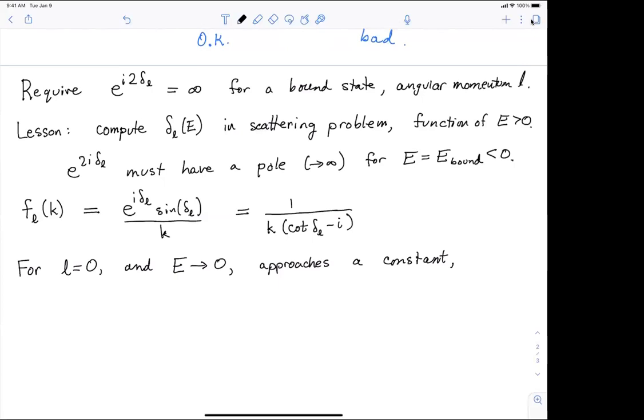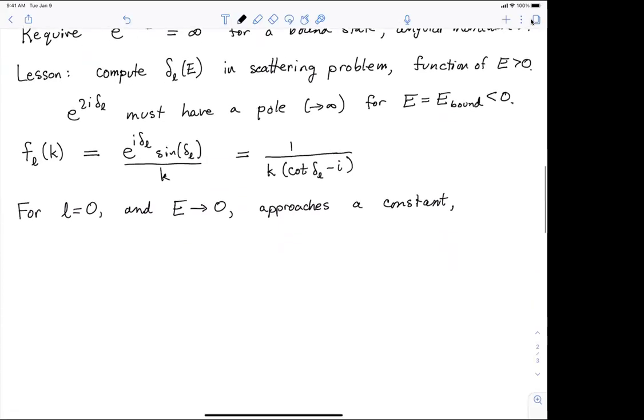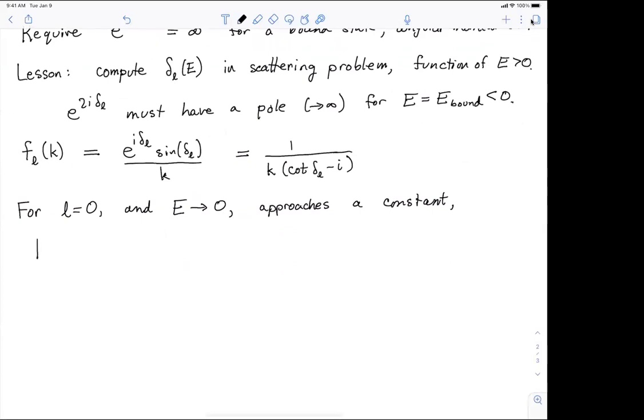And therefore it's traditional to parameterize that by saying k times cotangent delta 0 is... if this thing's going to approach a constant at small k, the k times i part can't matter, because that's going to 0. So the k times cotangent delta 0 part has to be going to a constant. And we traditionally call that constant minus 1 over a.